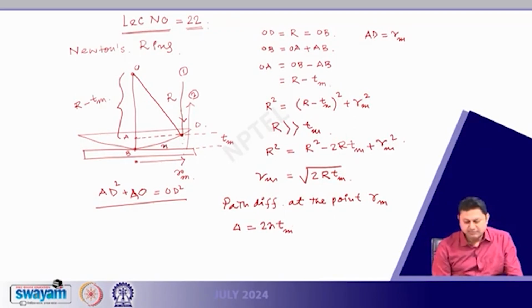If it is pure air, then it is simply 1. So Rm we know, and this is the path difference we know.